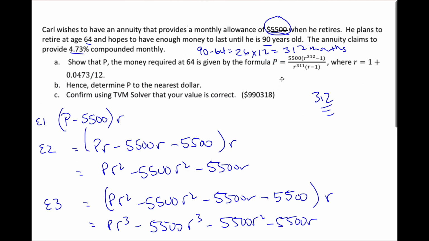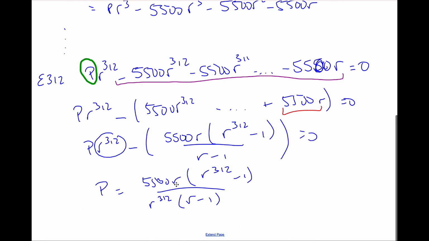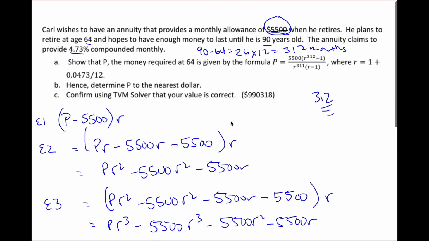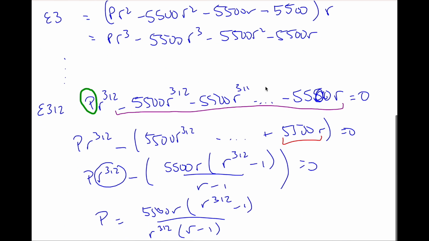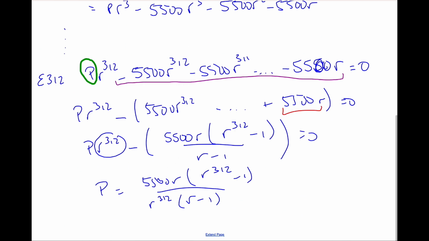That is almost there. The last step is I haven't got it exactly. I got R to the 311 here. So the last step, if you can see it, is this R cancels away, and I end up with 311. And so this is 5,500 times R to the 312 minus 1 over R to the 311 times R minus 1.